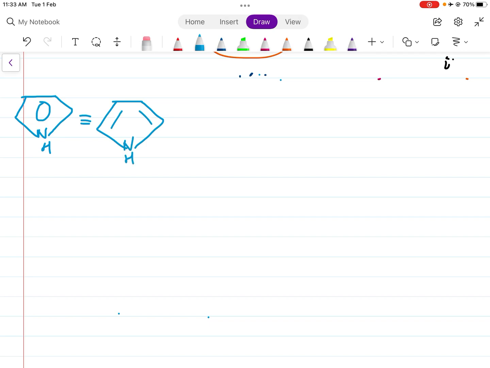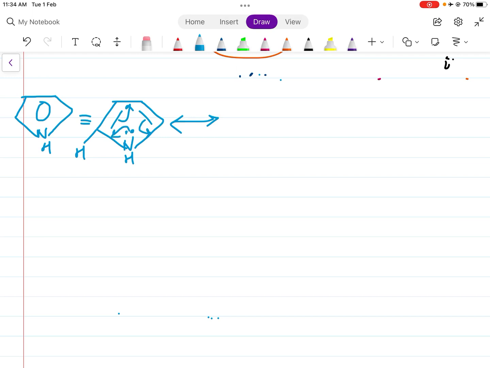NH, one bond, N having 2 lone pairs of electrons. This goes into the resonance and this will go into the cycle.